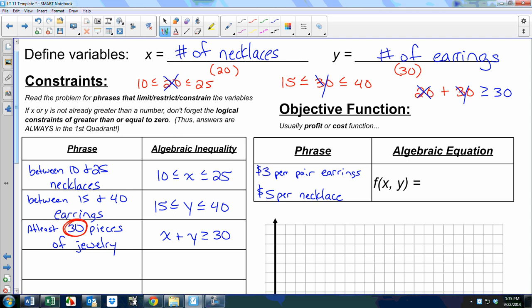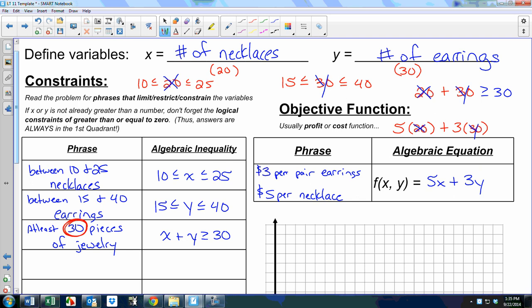How do you come up with that number? Aren't you multiplying the 30 earrings times 3, $3 each? What about the 20 necklaces? You're multiplying it times 5, and then you're adding those two answers. Remember, your 20 is X, your 30 is Y: 5X plus 3Y. That's a function that will find your profit no matter how many necklaces or earrings you sold.